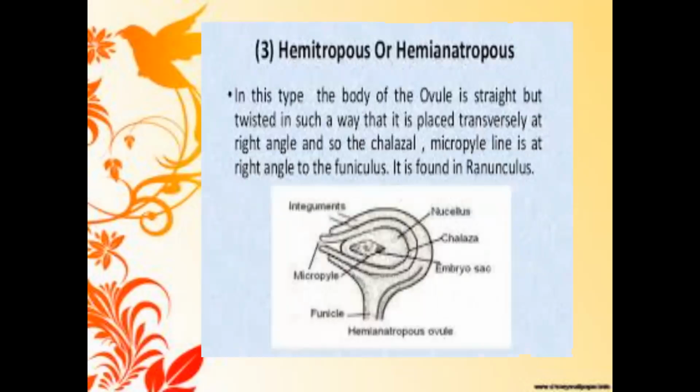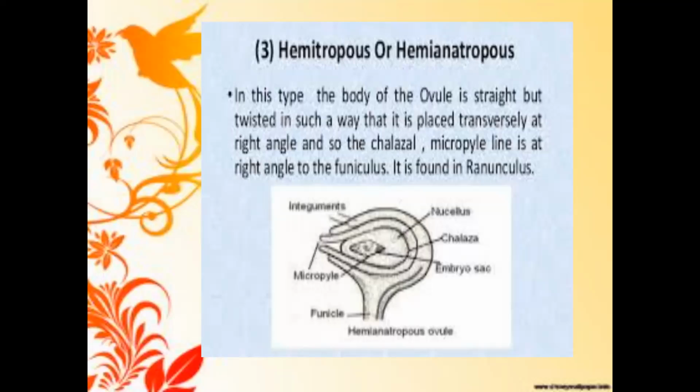Next, hemitropous or hemianatropous. In this type, the body of the ovule is straight but twisted in such a way that it is placed transversely at right angle to the funicle. The embryo sac or ovule body lies transversely, so the chalaza-micropyle line is at right angle to the funiculus.